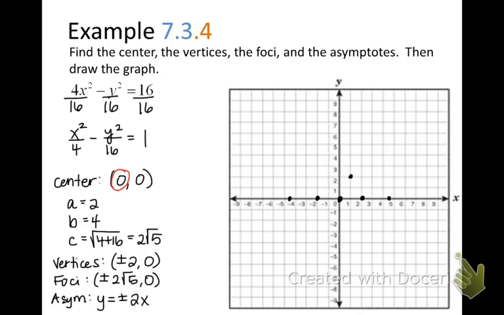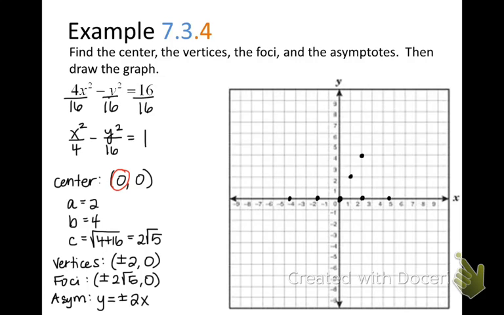And then I could go through those 2 points. If I started at my vertex and went up by my b value, I'd be starting here and going up 4, which you'll notice would have been the next point I would have plotted counting out my slope anyway, right? So either way, you'll be fine, as long as you count it from the right spot.